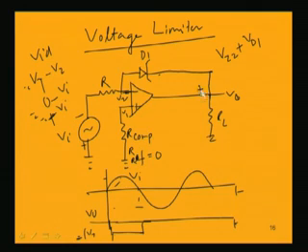Then, to find the output voltage in the positive half cycle, when the input is positive, we are getting a negative saturation voltage, and D1 will be acting as a normal diode.